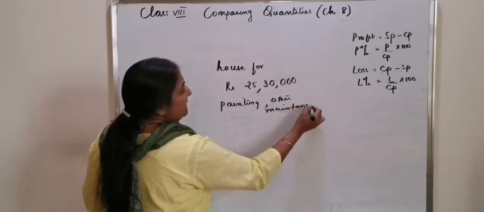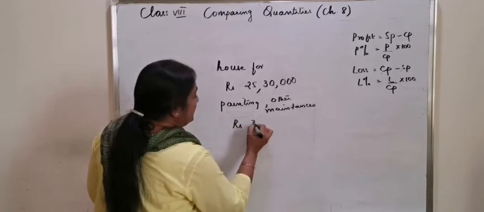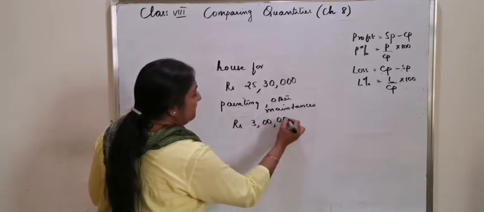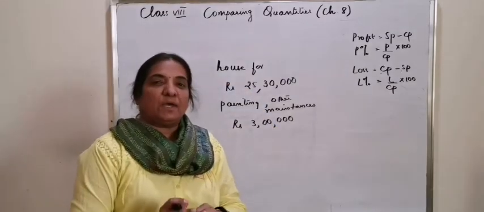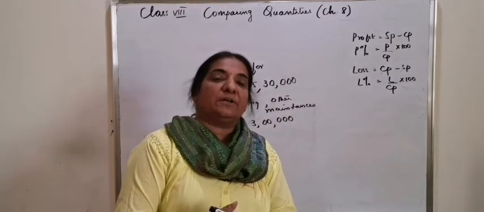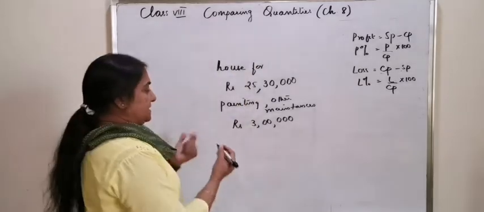Suppose you are spending an extra amount of rupees 3 lakh on the maintenance. That means you are again painting the house and repairing all the articles. So what is the total cost price for you?